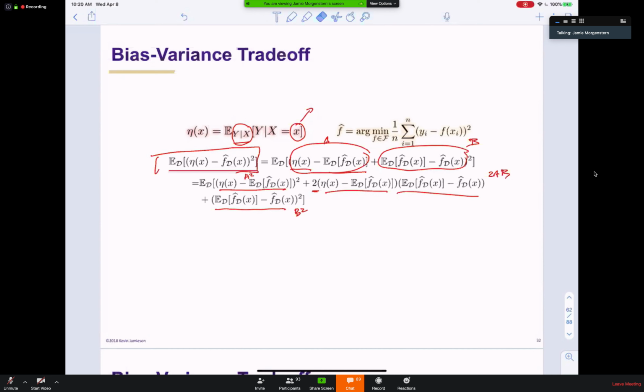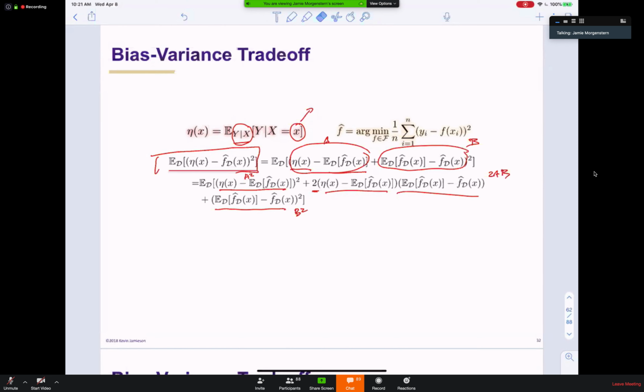We could think about trying to learn eta, which maybe what you would want to do is say, for a new x, if I've seen other x's with the same value, I could just predict the average value that I've seen so far. Now that has a bunch of problems in terms of how accurate it will be. It would require you to have at least one sample from every x you might ever see.